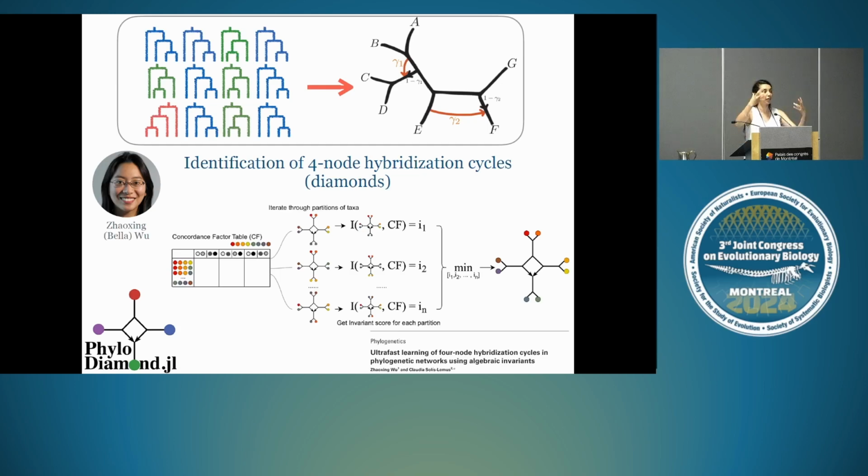So you just plug your data into the invariants. If they vanish to 0, they point at which is the hybridization cycle that best fits with your data. So there is no optimization step. It's simply evaluation of polynomials, so it's ultra fast. We even dare to call the paper ultra fast learning because it is actually very fast. It's just evaluating polynomials. And there is a Julia package that we're just developing, which is PhyloDiamond.